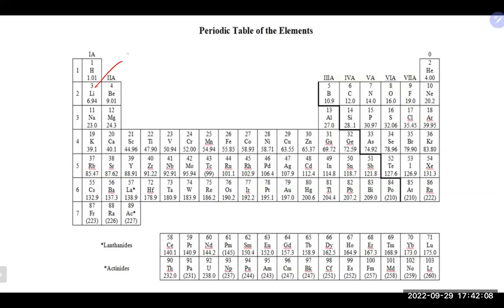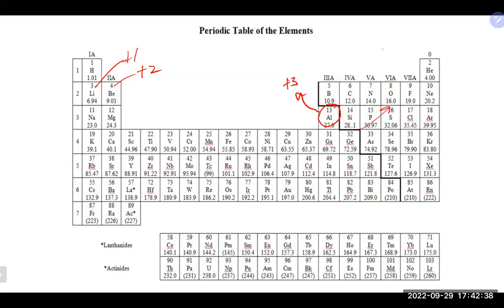But when that does happen, there are certain things that have fixed charges. Pretty much everybody in group 1 is +1. Everybody in group 2 is +2. Group 3 is +3; for the most part, aluminum is the one you deal with the most. So it goes +1, +2, +3. Then we skip group 4. Going from group 5 to 6 to 7, we're talking about our nonmetals, up and to the right of the staircase.